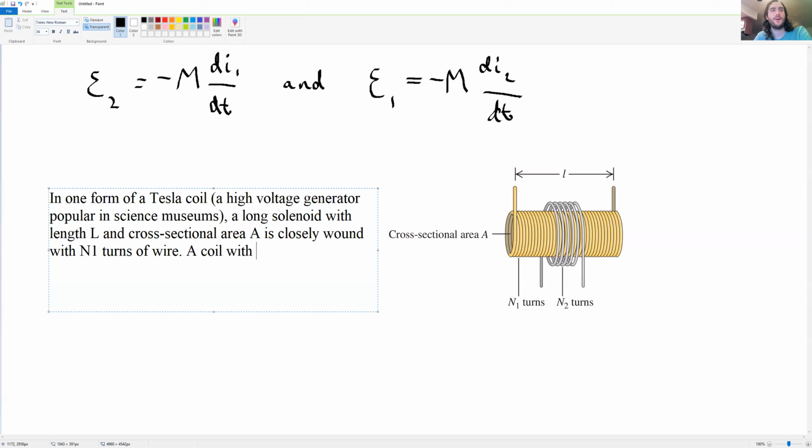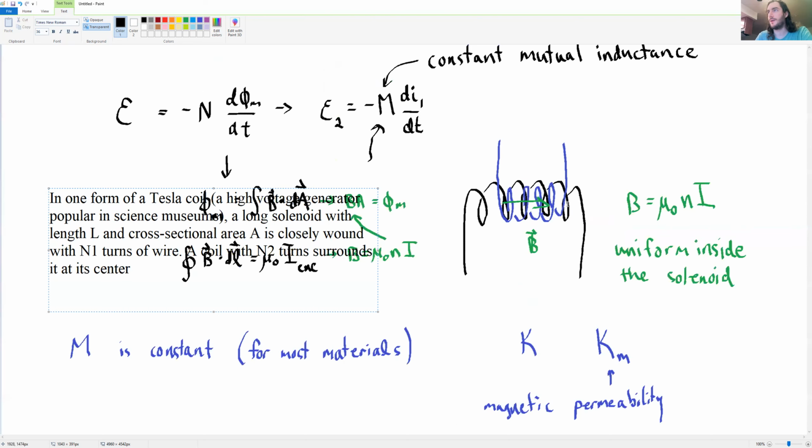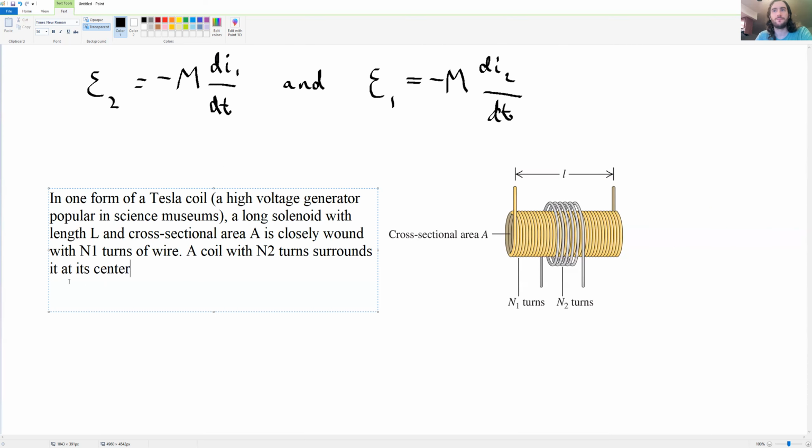A coil with N2 turns surrounds it at its center, kind of like I mentioned before. It's wound around the center so that B is uniform. Find the mutual inductance for this 2-coil system.